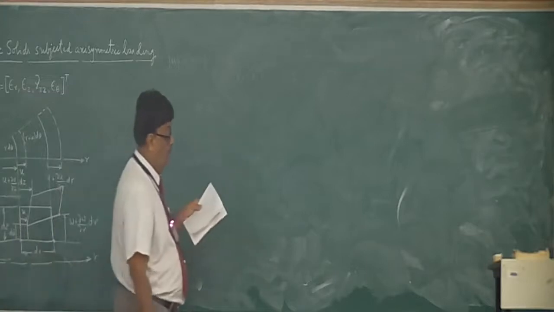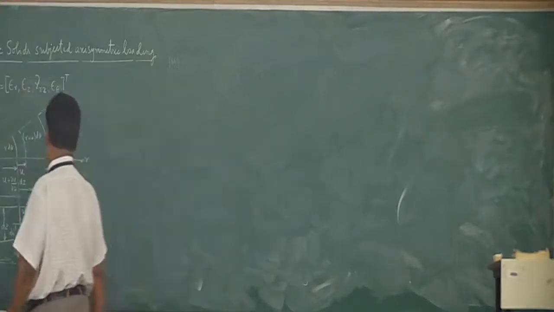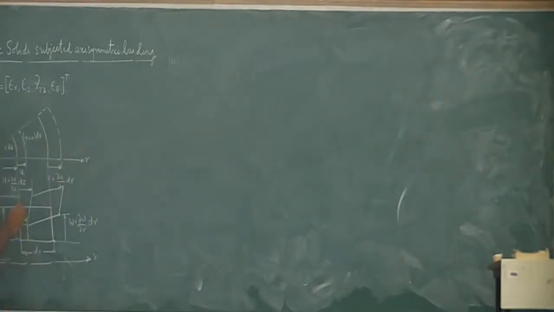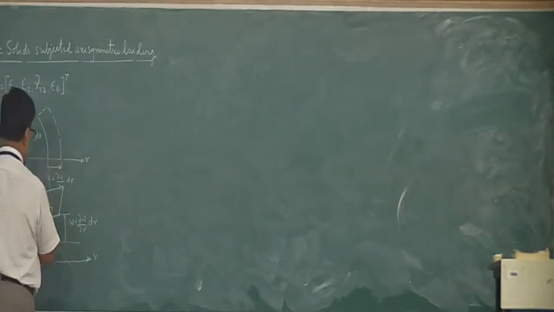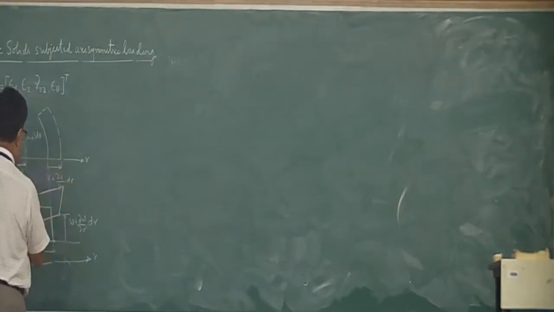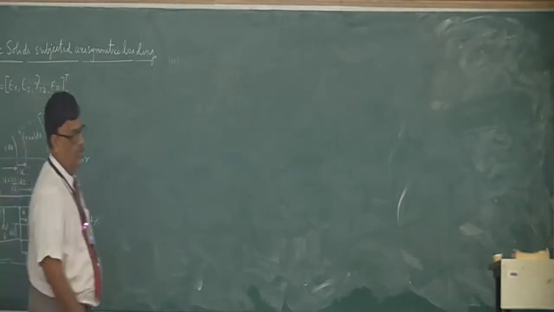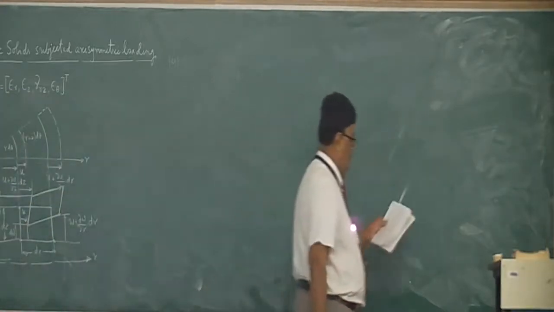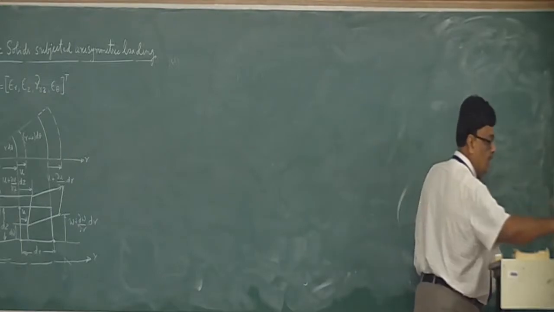And similarly, from this corner to this corner, whatever is traveled here, this is w plus dou w upon dou z into dz. This is the vertical displacement of this point. So this is the original and deformed shape of the element after the loads have been applied. Now let us quickly write how to write the strain components here.